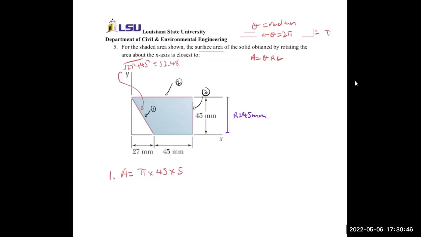So multiply by 52.48. And then for 2, the area will be equal to 2 pi because it's parallel to the x-axis, multiplied by 45, and then multiplied by the length. This is the entire length right here, so that would be 27 plus 45.